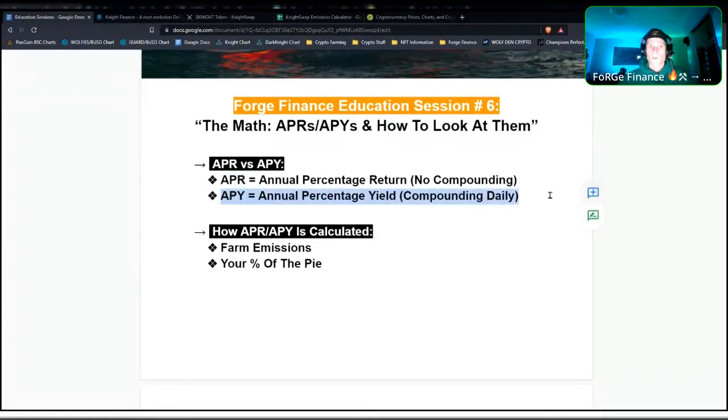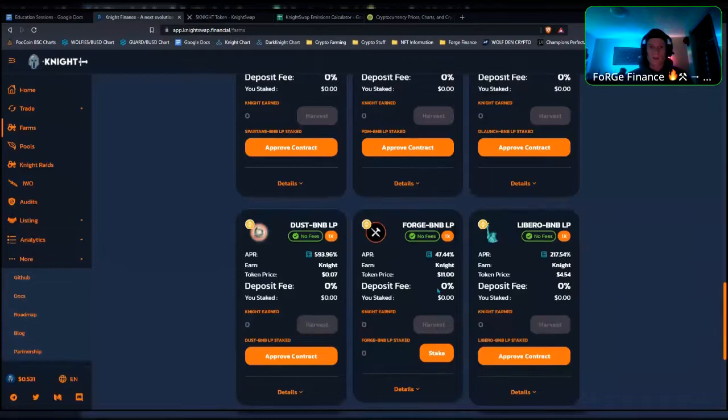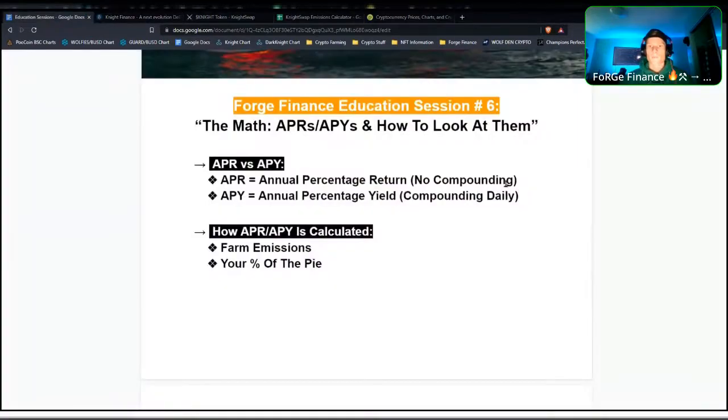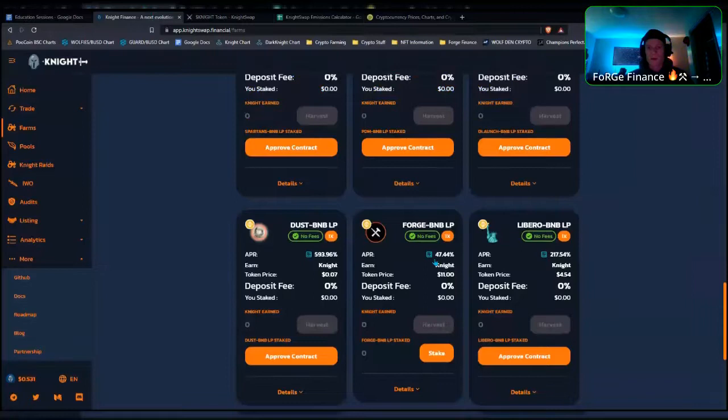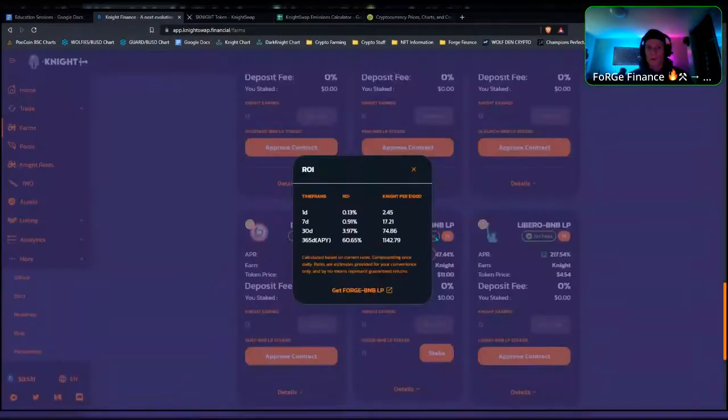If you were to just let this night accumulate for an entire year and then harvest it at the end of the year, that would be your APR. And you can see the difference. APR is 47, but APY is 60%. So what makes up that difference?